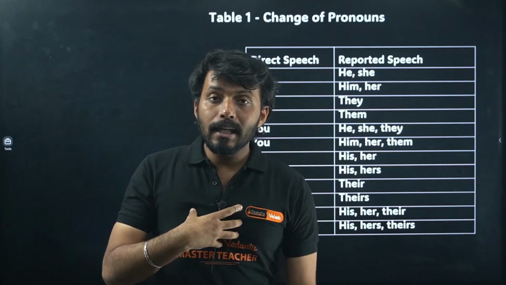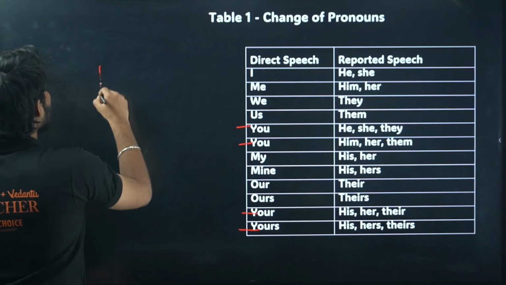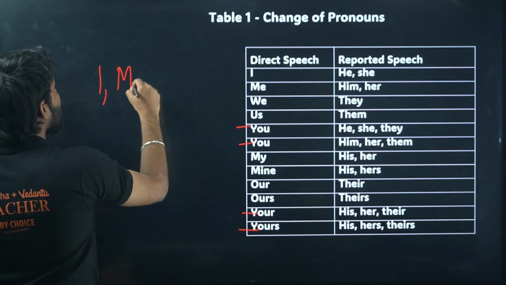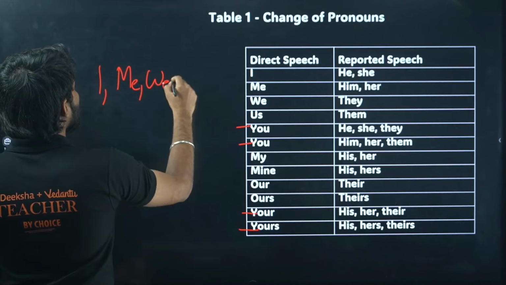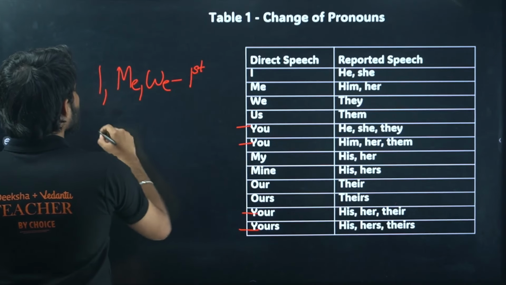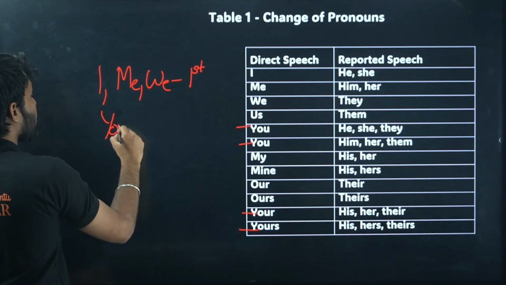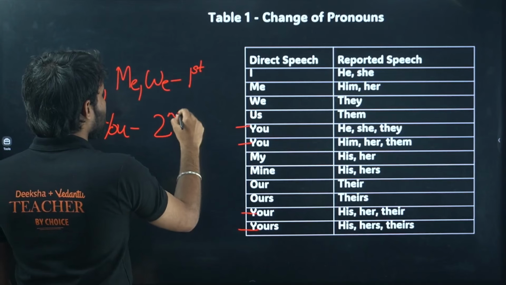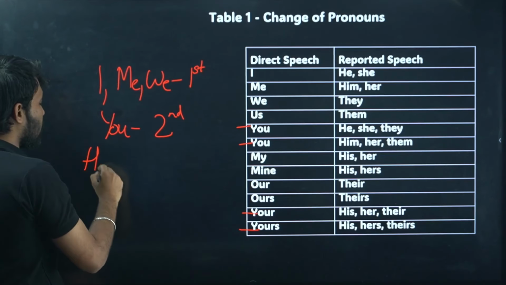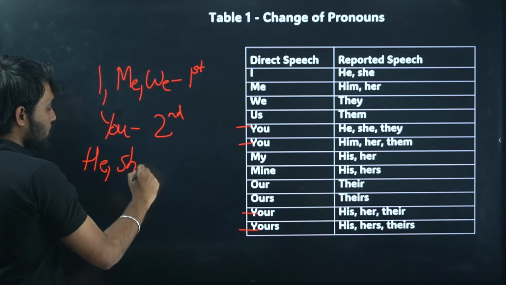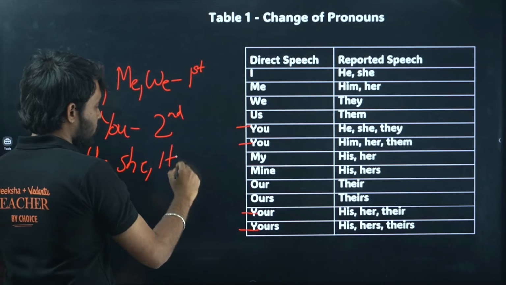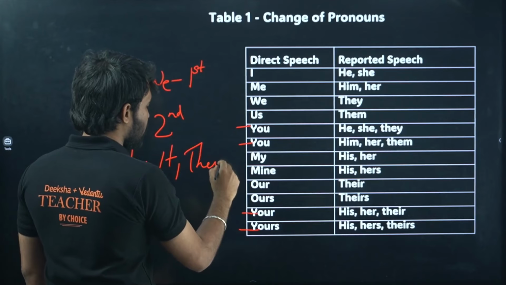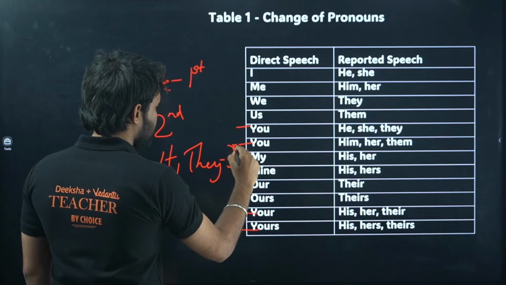I, me, we, etc. are first person. Third person is he, she, it, they.